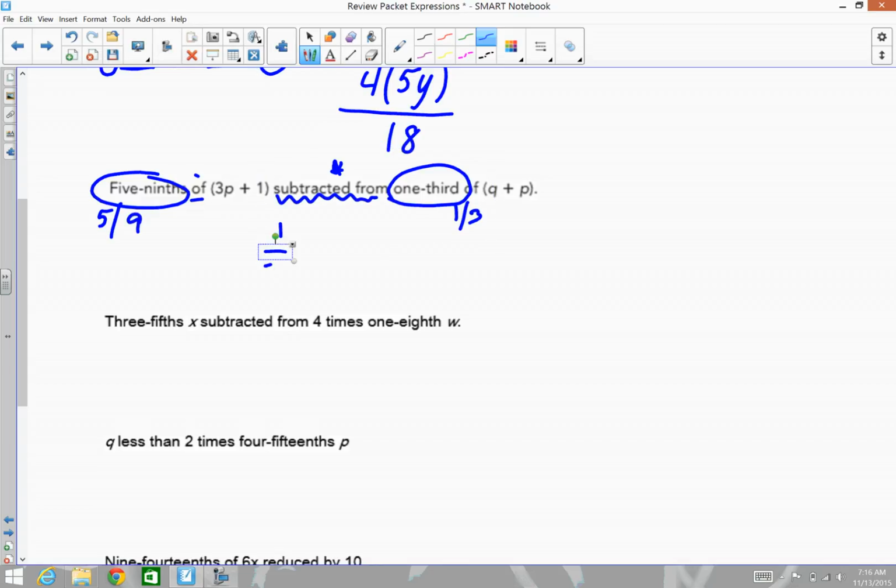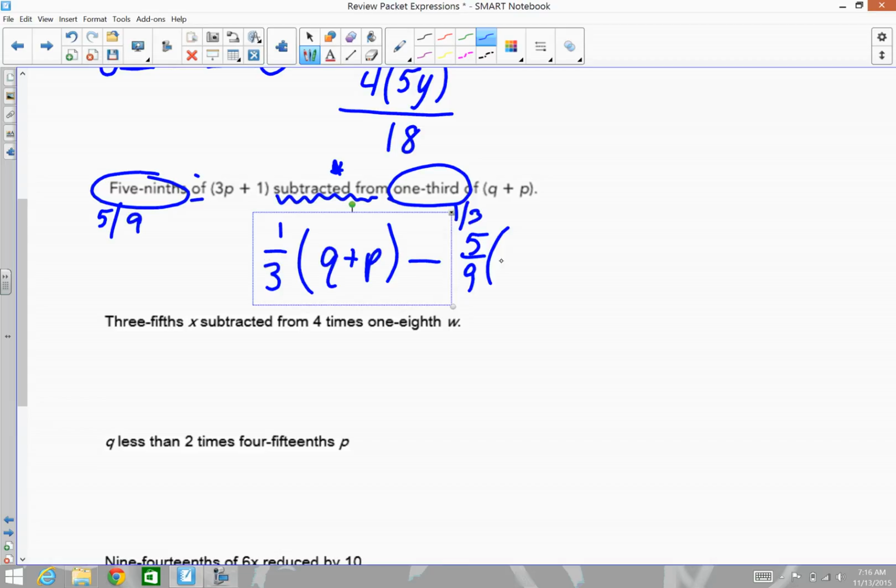Okay, so we have 1/3 q plus p, and then we're going to subtract from that 5/9 times 3p plus 1.